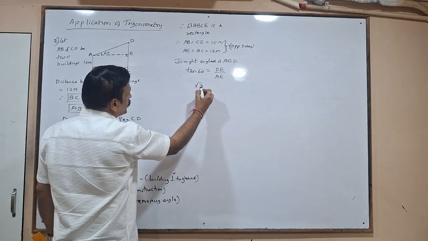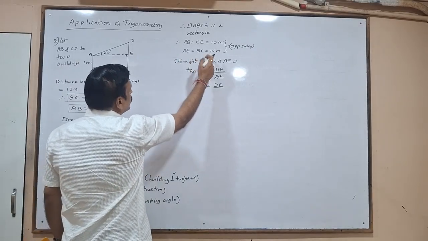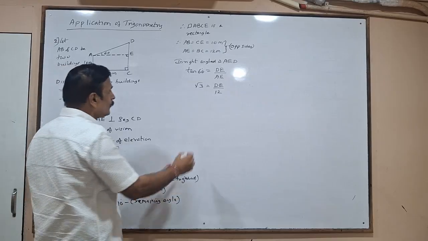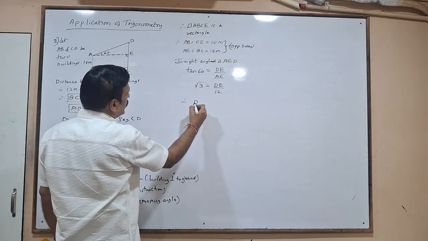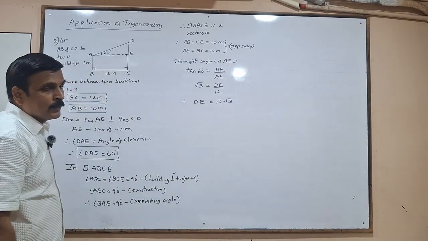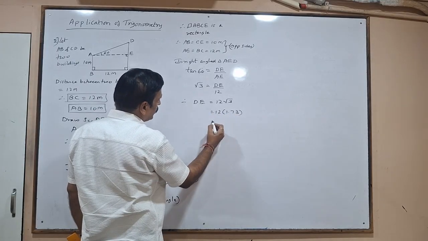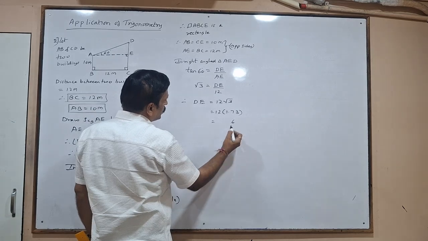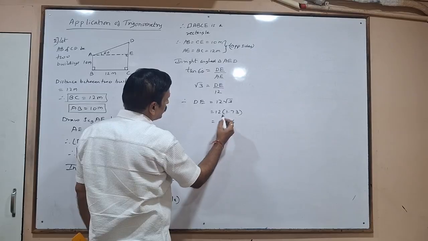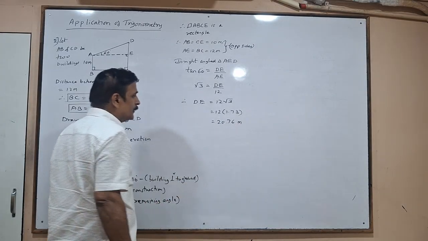Tan 60 is root 3. DE I want to calculate, and AE is 12. Therefore, DE will be 12 root 3. So it is 12 into 1.73, which is 20.76 meter.